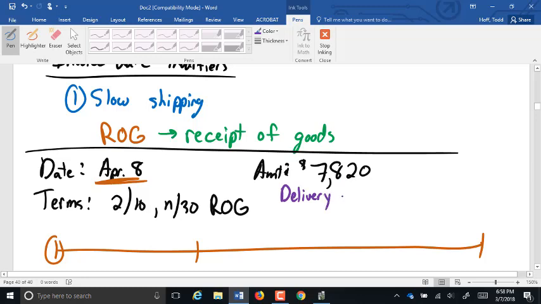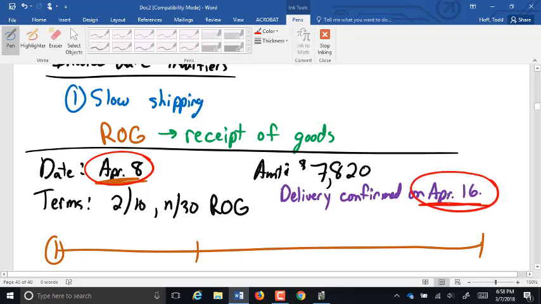The shipping company confirmed delivery on April 16th. What that means is the invoice date is effectively replaced by that delivery date.